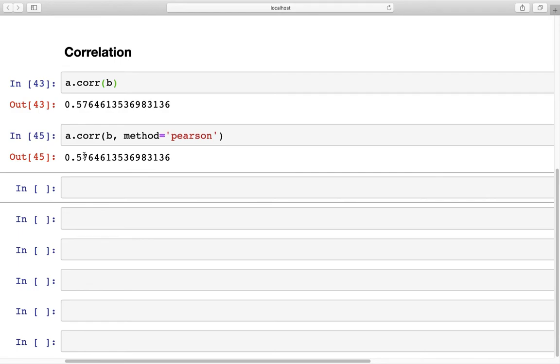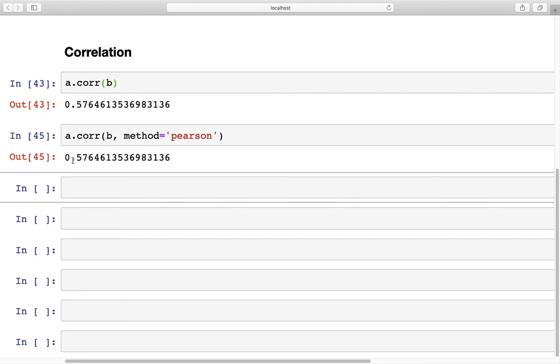Generally, depending on the subject you are in and the experiments you work with, 0.5 is really very low. I would say above 0.9 would be a correlation where you'd see some relationship between the 2 data sets or 2 series that we have here.